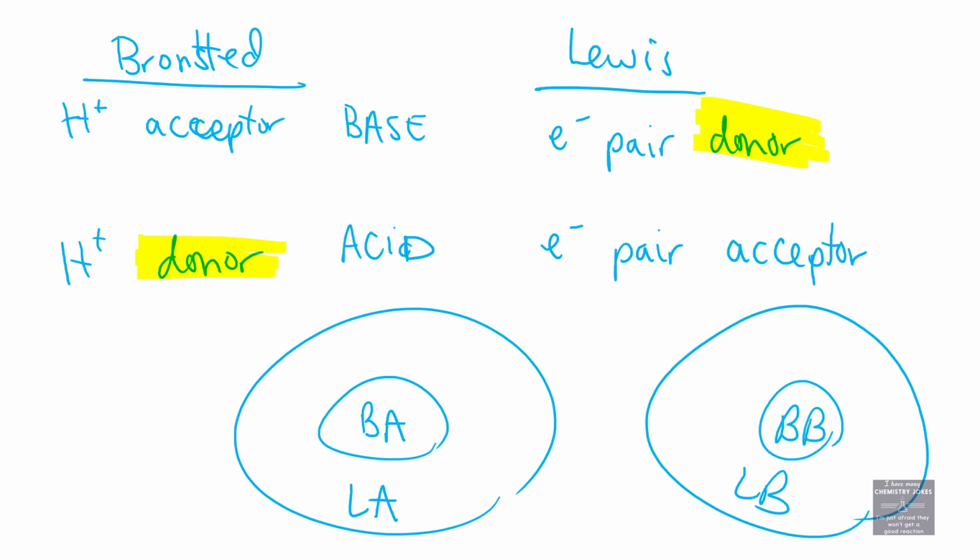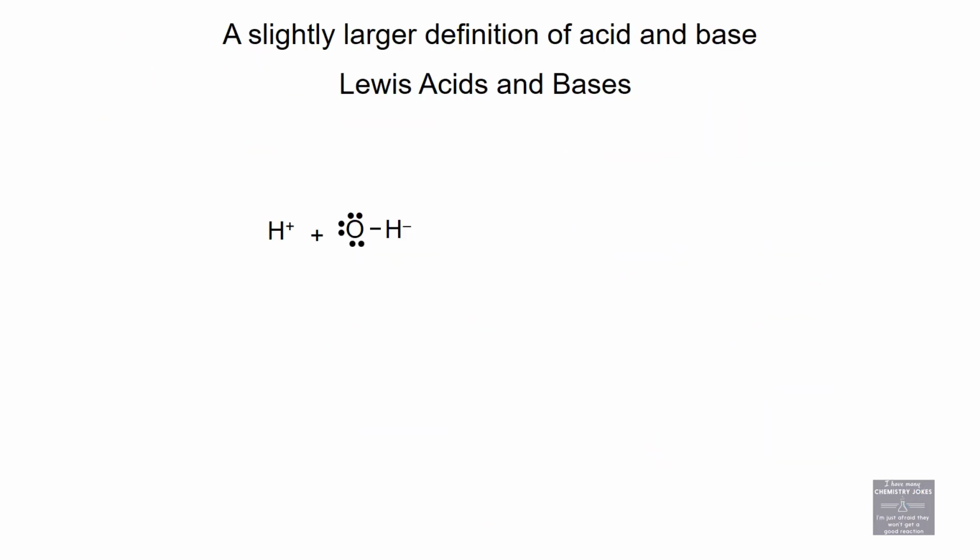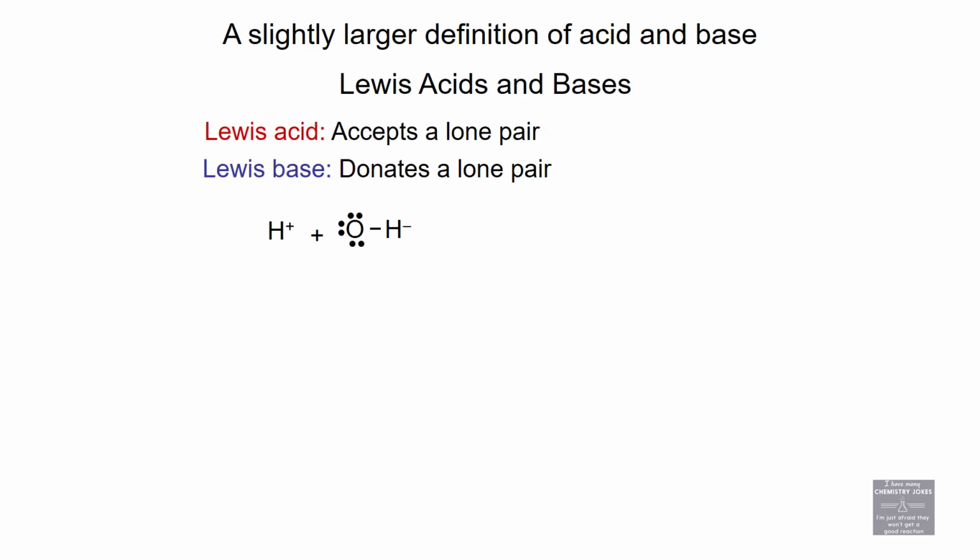So all the rest of this video was all about Bronsted acids and bases donating and accepting protons. But what if I expand my definition to talk about electron pair donation and acceptance? A Lewis acid accepts a lone pair. So this proton can be considered a Lewis acid, but it's also a Bronsted acid because it's a proton.